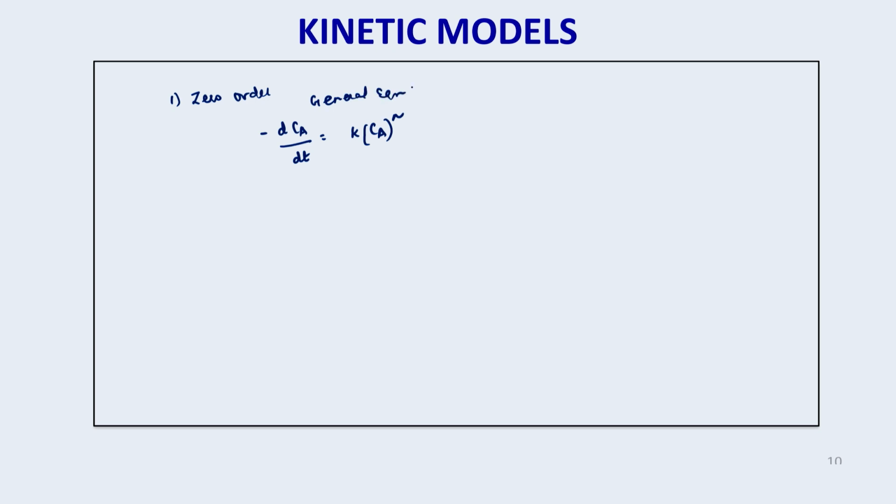For a zero order reaction, n is equal to 0. The reaction order is equal to 0. So let us take this as equation number 1.